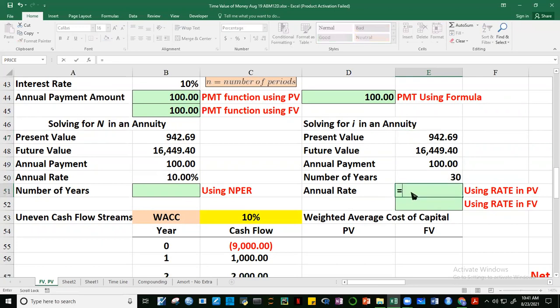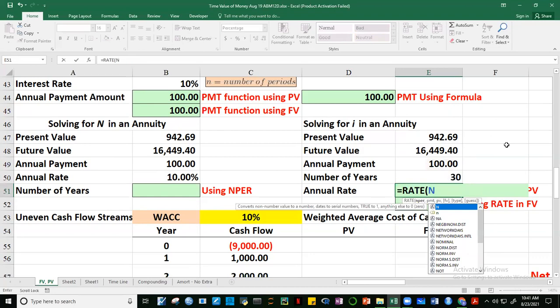So ano function nito? Is equal to rate, no? Rate. Okay, ano yung NPER natin? 30. Ano yung PMT natin? 100. Ano yung present value gagamitin natin? Ano yung PV natin? This one. Okay, actually, we can use lang yun para mas maganda.